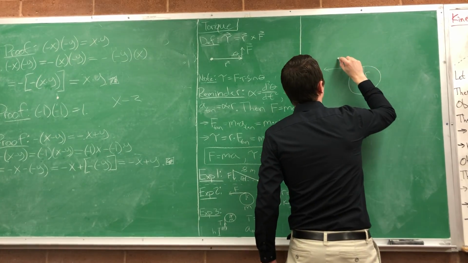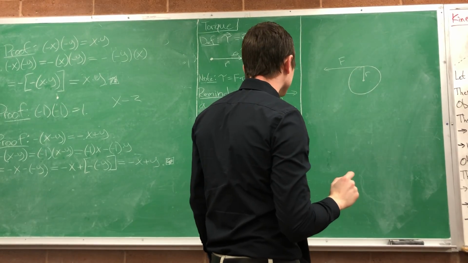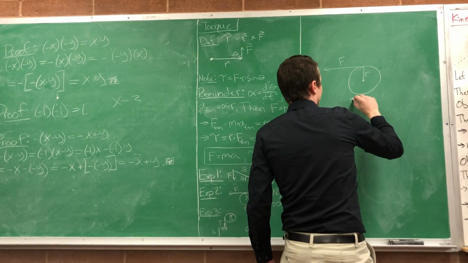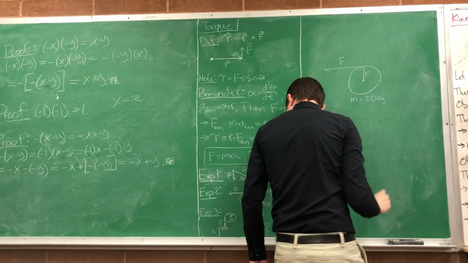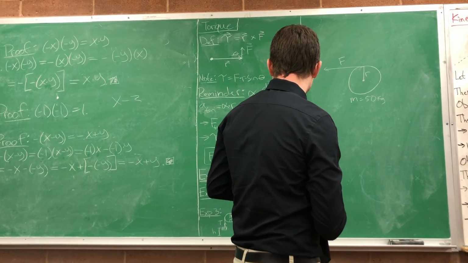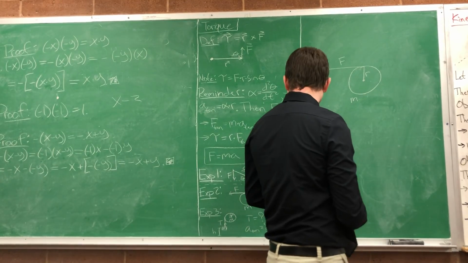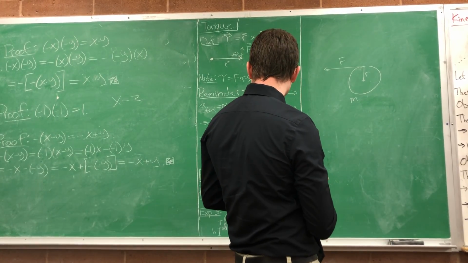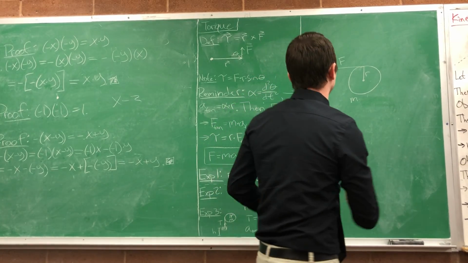We're pulling off with some force F. We know the mass of this thing is 50 kilograms. We'll plug in numbers in a second. We know the mass, we know the radius, we know the force being applied, and our job is to find alpha.